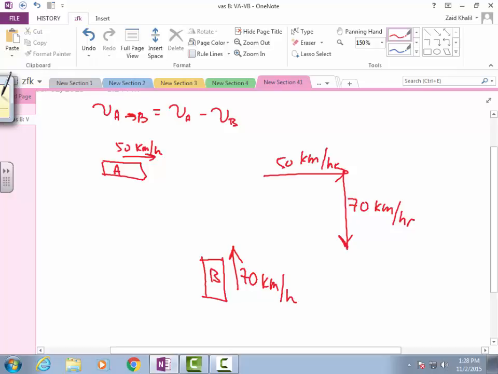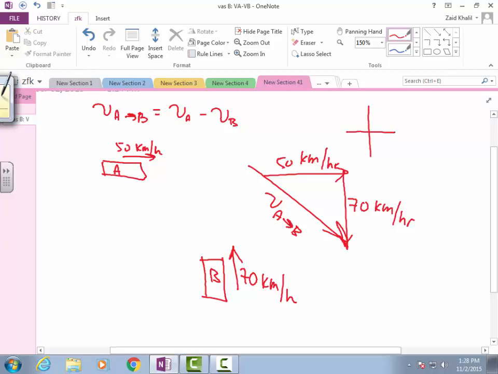And so now, does this describe that situation? In other words, what does B observe A doing? Moving in which trajectory? And this should be the velocity of A relative to B. Well, let's see. So we draw our coordinate system.